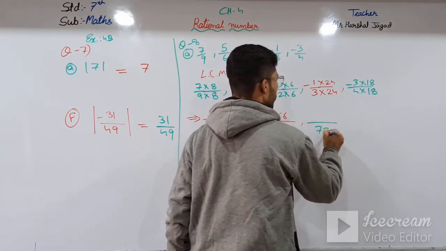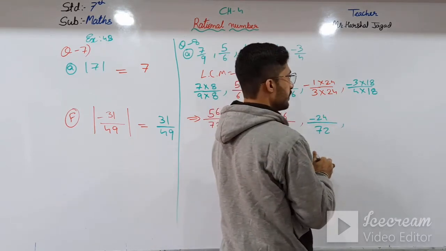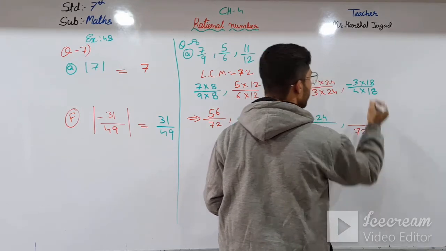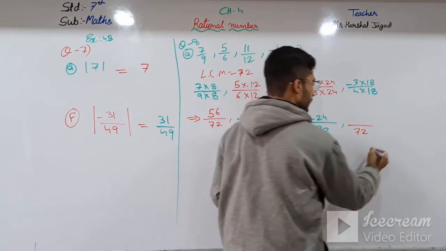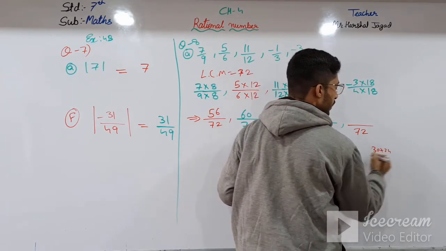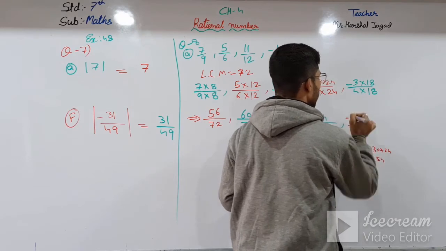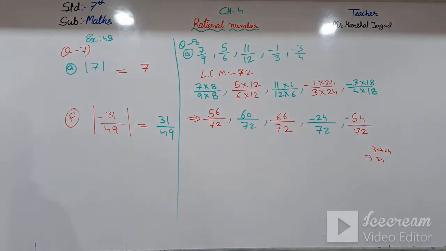Here also 72 minus 24. Next, here also 72. 18 3s are 30 plus 24, that is 54. Minus 54.